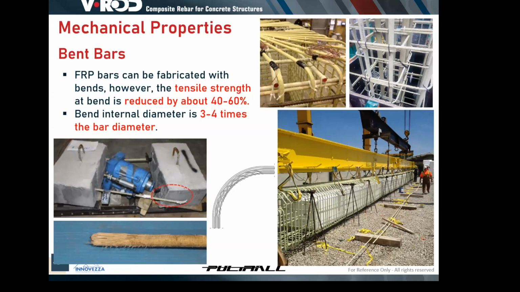This is still, if we have 50% of 1300 or even 1100 megapascal, away from the yielding strength of the steel reinforcement. Also, it's important to mention that the bent internal diameter of GFRP reinforcement is 3 to 4 times the bar diameter, which is approximately the same as for steel reinforcement.